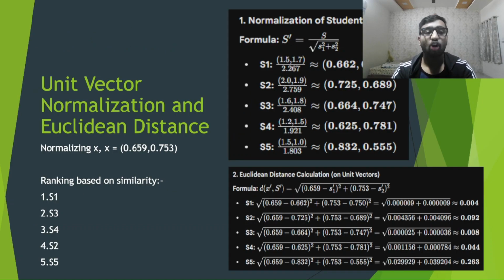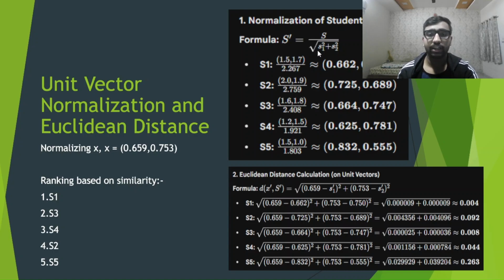Now coming to the normalization of data points to unit vectors. In unit vector normalization, we divide the values in each data point by the corresponding magnitude of the data point. So in the formula, s dash is equal to s divided by the square root of s1 square plus s2 square.